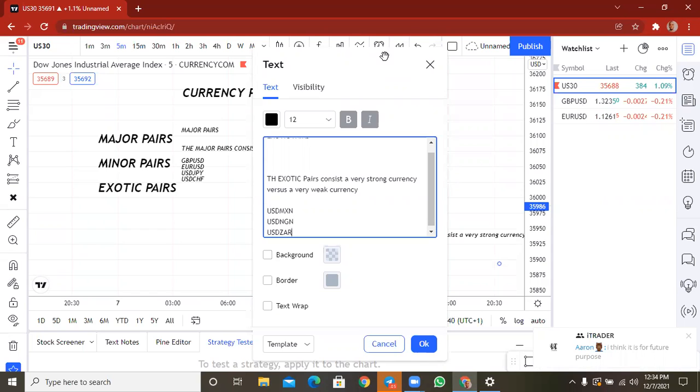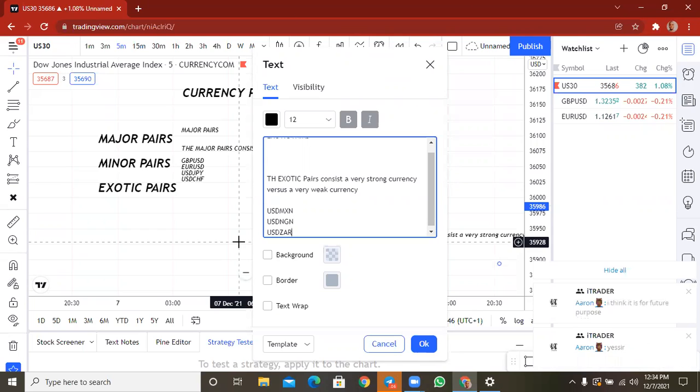So there's so many of them. You go online and check them out. So the exotic pairs are comparison of mostly the USD and other very weak pairs. All right. So those are known as exotic pairs.